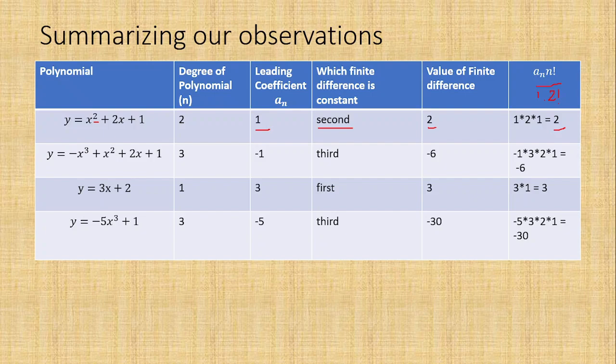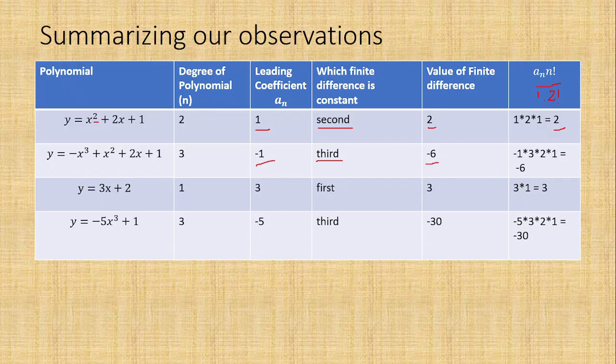For the next polynomial, y equals to minus x cubed plus x squared plus 2x plus 1, we had observed that the degree was 3, and so was the finite difference, which was constant. It was the third one which was constant. Then the value of the leading coefficient was minus 1, and the value of the finite difference was minus 6.